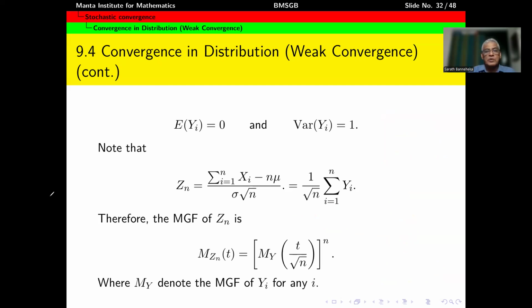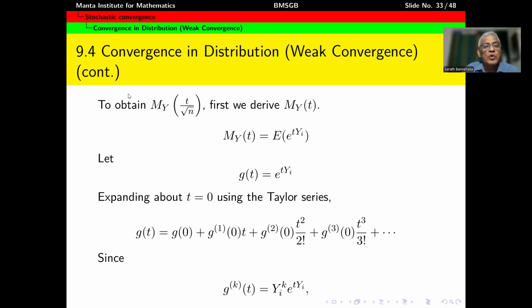So let's now go to the proof again. To obtain My(t over root n), first we derive My(t). Actually, we need to get it because we don't know the distribution of Y, since we don't know the distribution of X1 up to Xn.